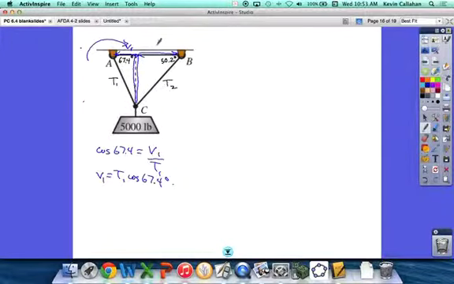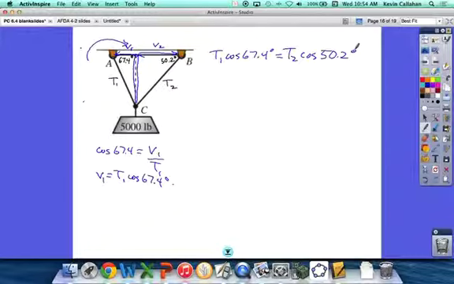Okay, what is this one going to be? The V2 then, that is balancing it. This will be the V2. Right, that's going to be the cosine of 50.2 equals V2 over T2, so it should be T2 times the cosine of 50.2. Okay, now, we need to add these two up.